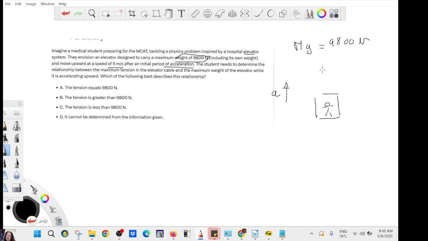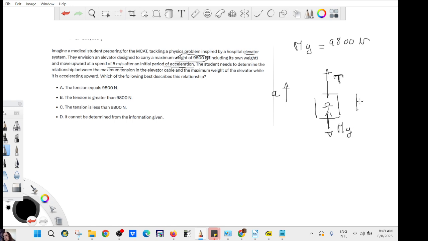So this is your elevator with its load. If the acceleration is upward, that means the net force has to be upward. That will be the tension, and that will be the weight.